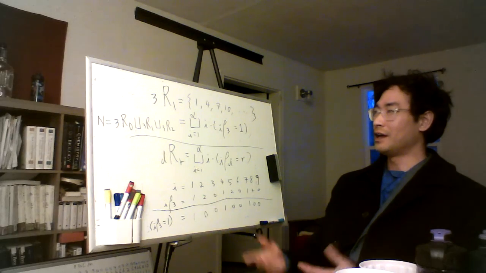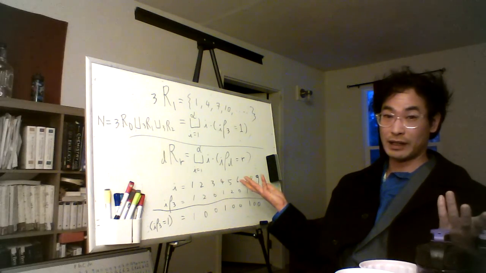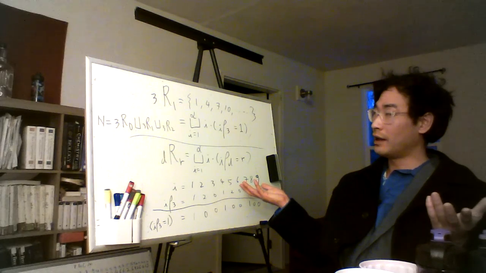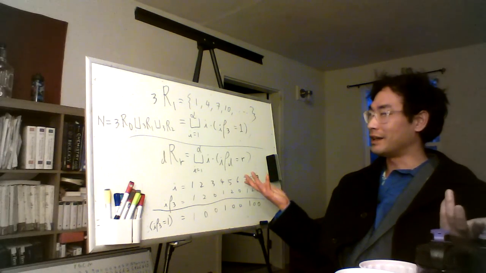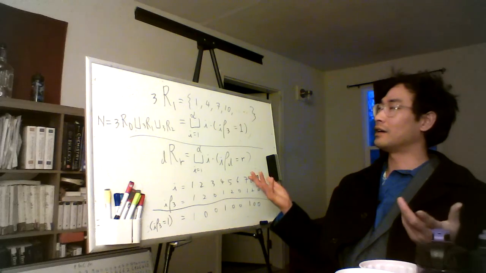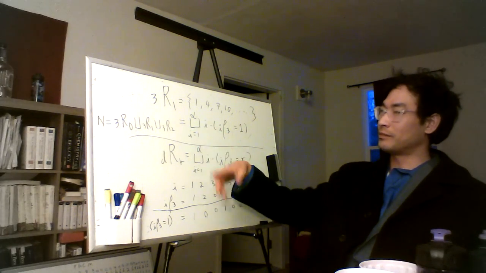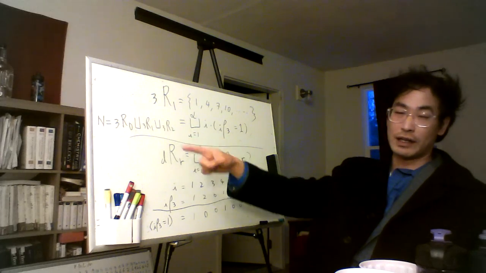Why? Because they are mutually exclusive, meaning they don't have any pairwise intersection. And they're also complete because if you unionize them, it gives you the universal set.